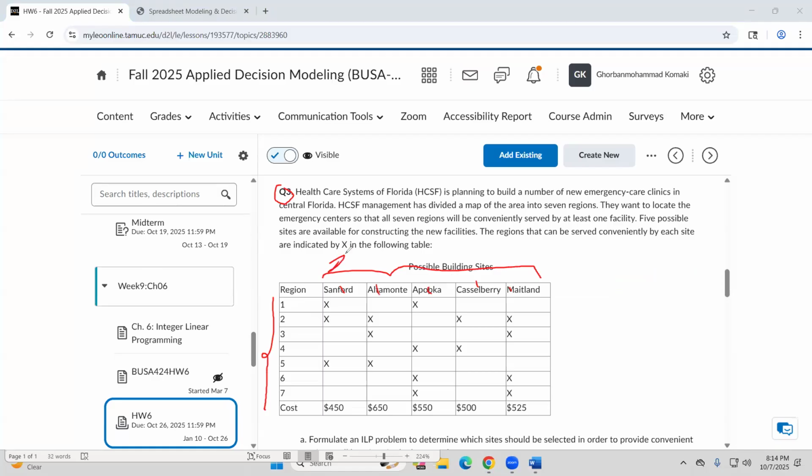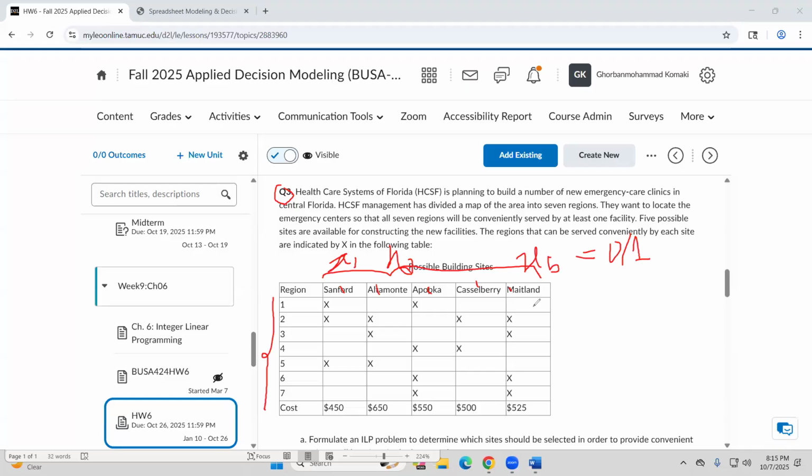So here, these are the x's, x1, x2, up to x5. So this could be 0 or 1, right? So either we build the site here or not, okay? Makes sense? So we want to build some sites that cover these regions, okay?